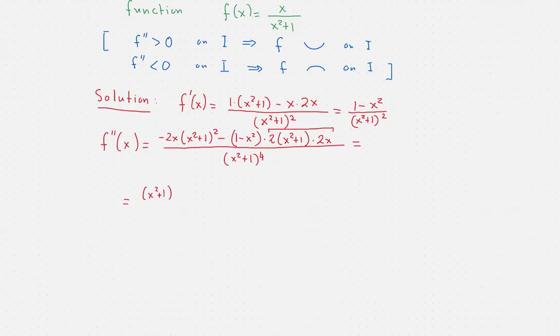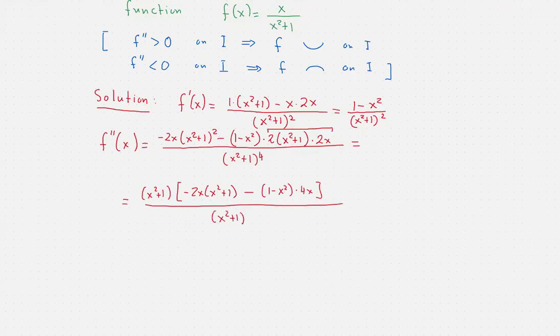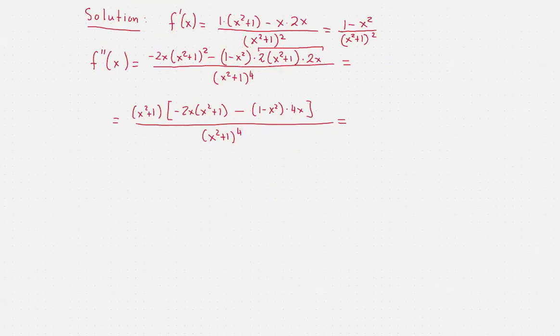And then we can have a 1 minus x squared times 2 times 2x, that will be times 4x. And we divide by x squared plus 1 to the fourth power. So this will give us negative 2x times x squared plus 1 minus 4x times 1 minus x squared over x squared plus 1 to the third power.